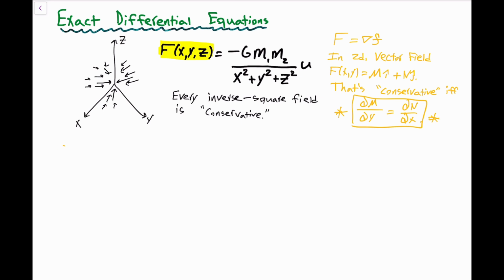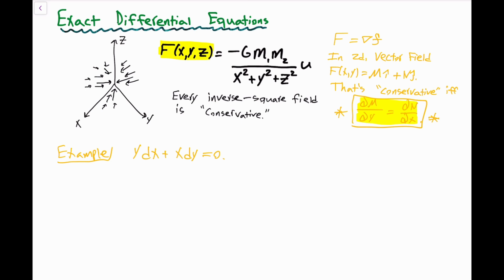So let's say we have the following example: y dx plus x dy is equal to 0. It is exact. First off, and we'll verify this in a couple of minutes, this equality holds. The partial of M with respect to y is equal to the partial of N with respect to x.